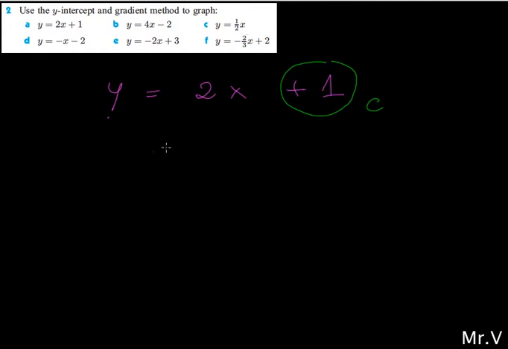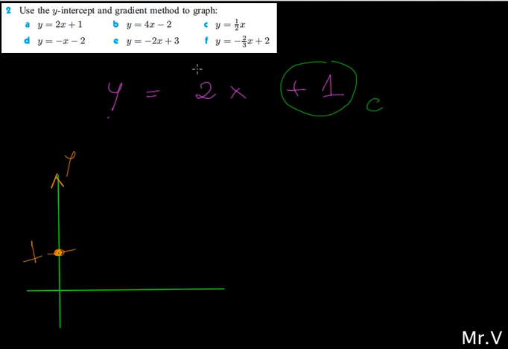And in any graph, the y-intercept is where my line crosses the y-axis. Okay, so it crosses where? At 1. So we're going to say this is 1. So here, for sure, I know there's a point.